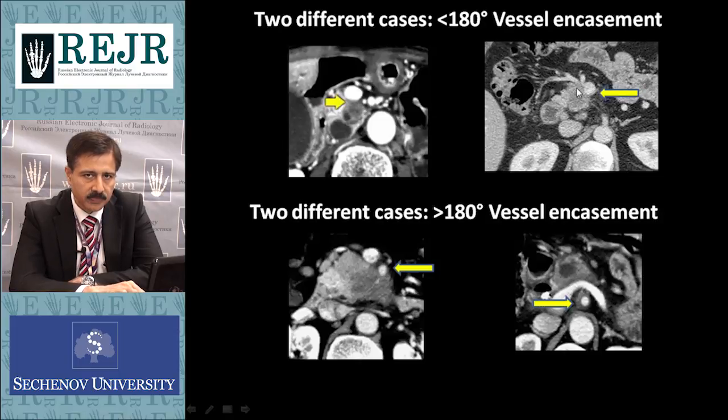So here we will say that on CT criteria it is not invading. On the other hand, more than 180 degree, like in this case or in this case, where there is a 360 degree rim of tumor around the vessel, we will say that the vessel is invaded.